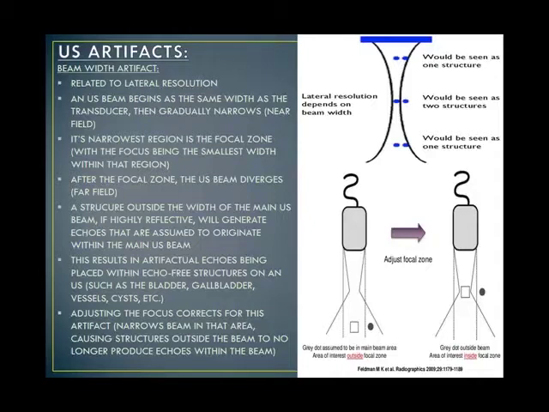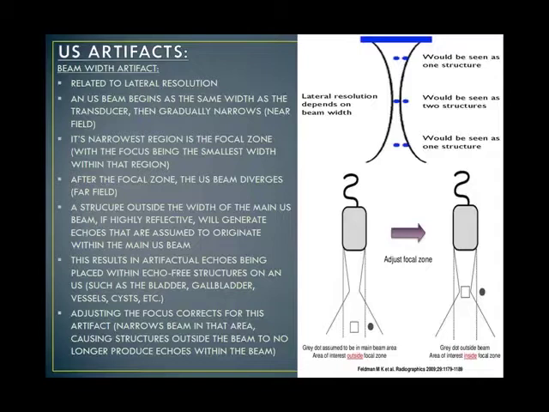So when we're looking at structures along this beam, if we're right in the narrow part of the beam and have two structures side by side, we could see those as two structures. But if these same two structures are both inside the beam at its wider part, we'd only see this as one structure.